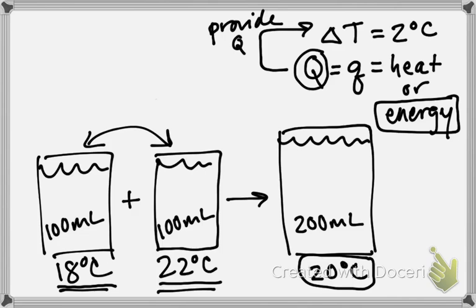You're not going to end up with a layer of cold coffee and then a layer of hot coffee and they're not going to mix. They're going to mix and blend, and then we're going to see that they're going to reach the same final temperature. So this is going to be our final temp.